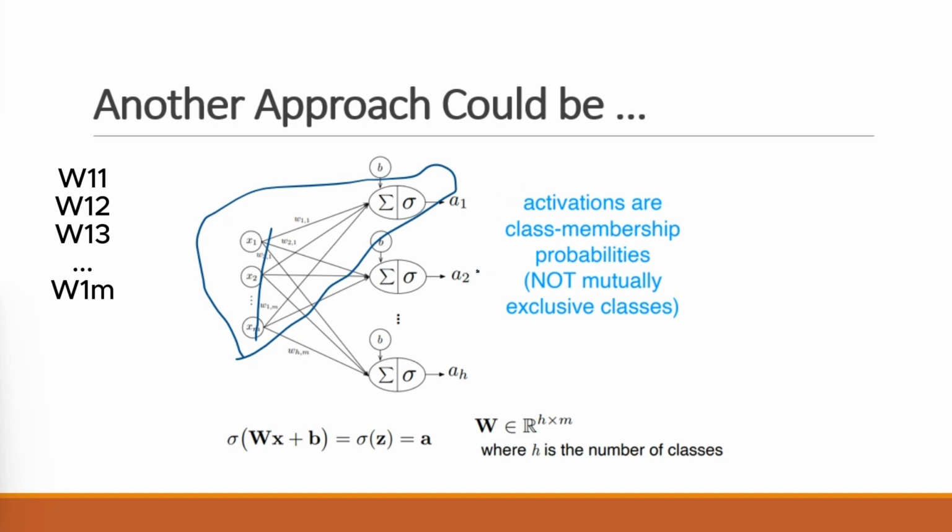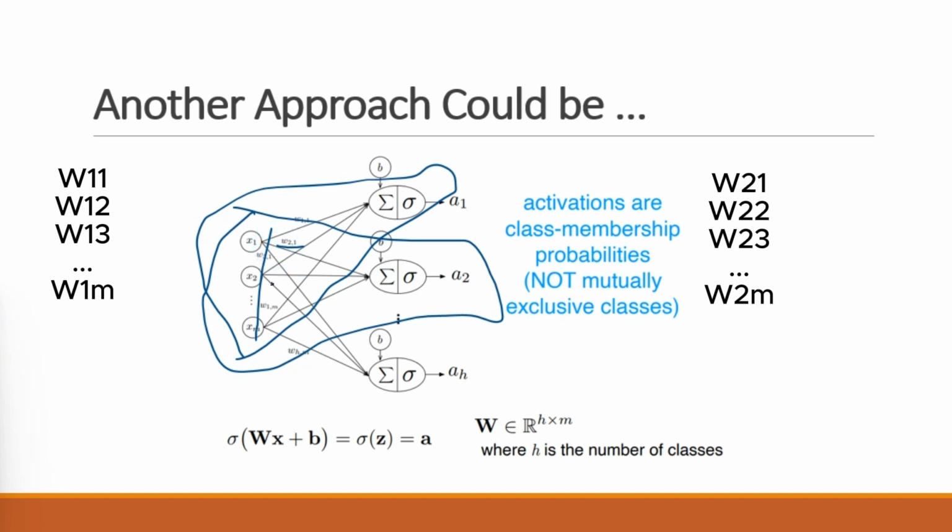So if we have m features, we have this feature vector here, and notice now, we have multiple of these logistic regression models. The second model would be this one, right? So another logistic regression model, same inputs, and for this one we could have the weight vector w21, w22, and so forth up to m.